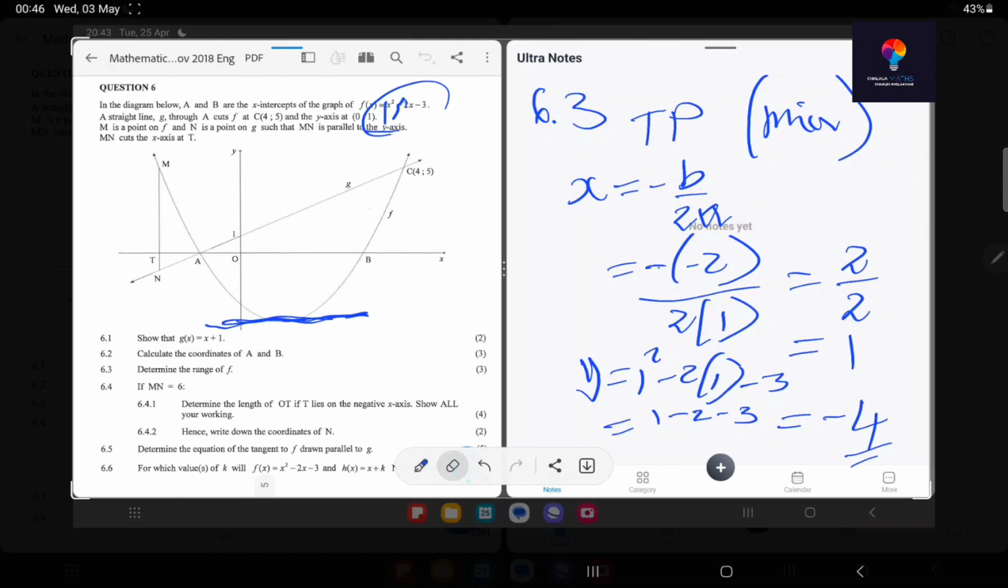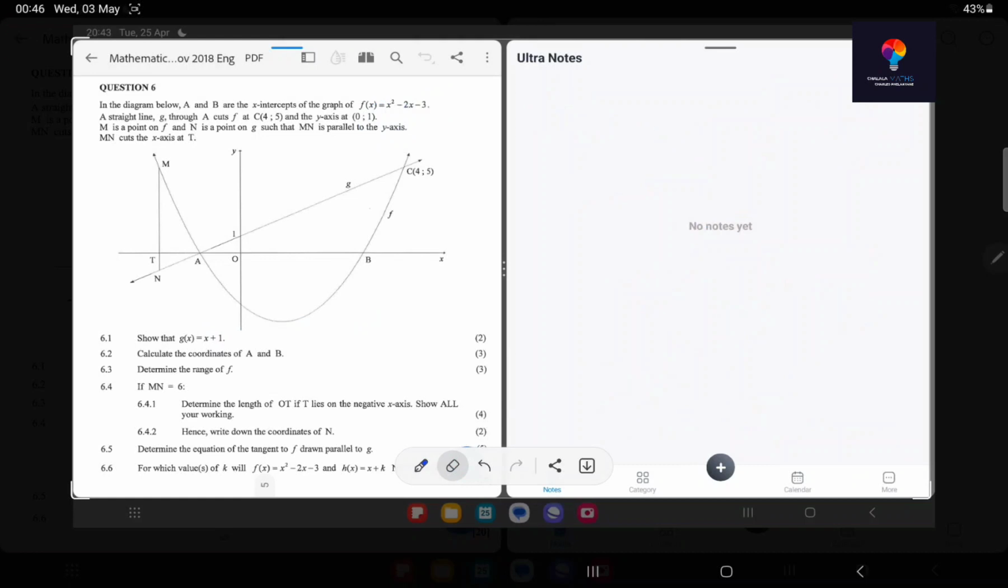Therefore, since our turning point is 1, the x coordinate is going to be 1 and the y coordinate is going to be minus 4, which is here.